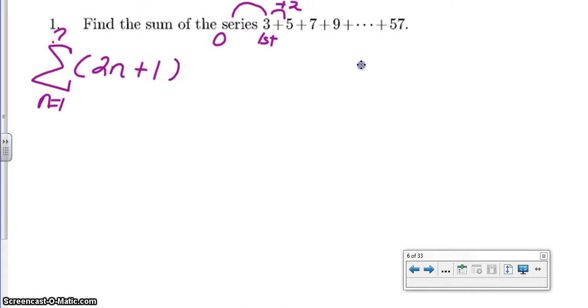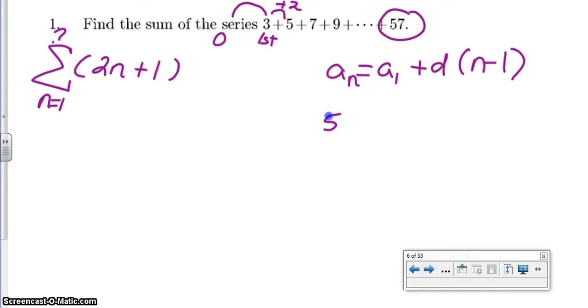Because the second thing that you're going to need is the explicit formula for an arithmetic series. So to find any term, that would be a1 plus the common difference times n minus 1. Well, Mrs. Rose, I know that the final term is 57. I know that the first term is 3. I know that the common difference is 2, but I don't really know what number I'm solving for.